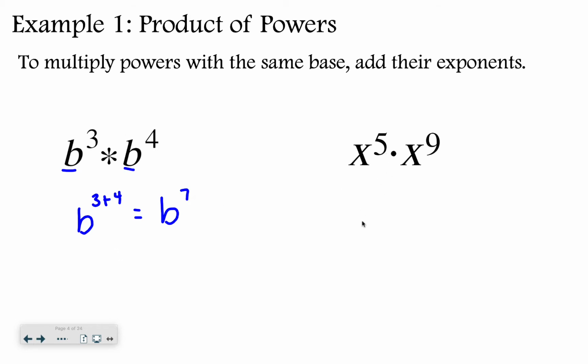Over here, I have the same base, an x, so I would say 5 plus 9, or x to the 14th power. If I have x to the 5th and y to the 5th, I can't do anything with that because my bases are different. So it's really important to only add the exponents for the same base.